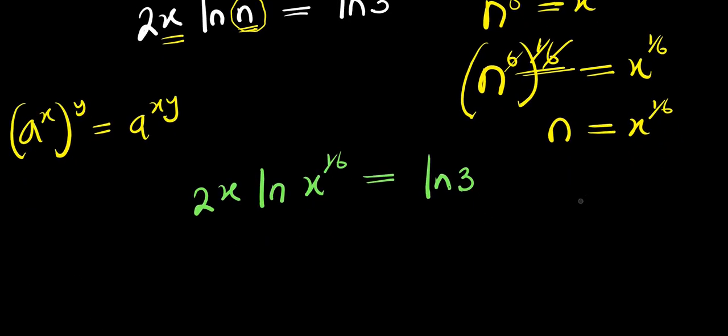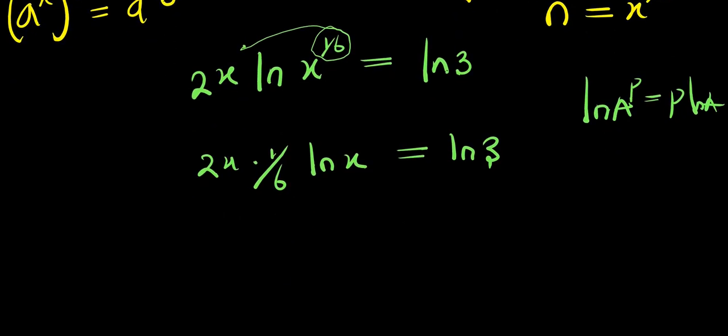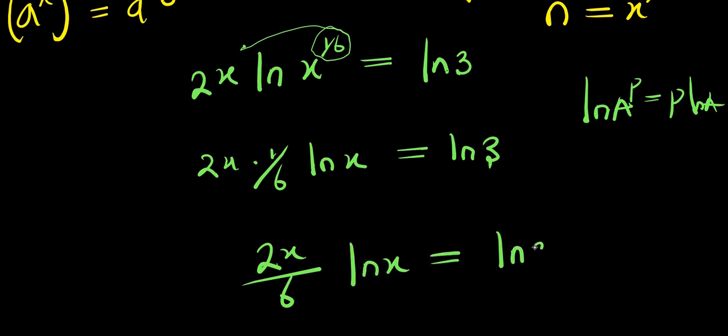If you have natural log of a power b equals b times natural log of a, that means 1 over 6 comes behind it. So we have 2x times 1 over 6 times natural log of x equals natural log of 3. And from here, 2x times 1, that is 2x divided by 6 of natural log of x equals natural log of 3.